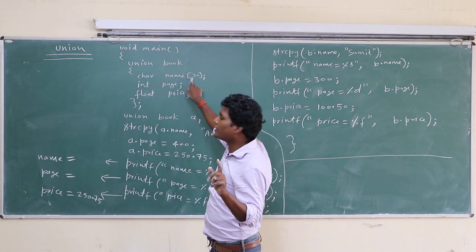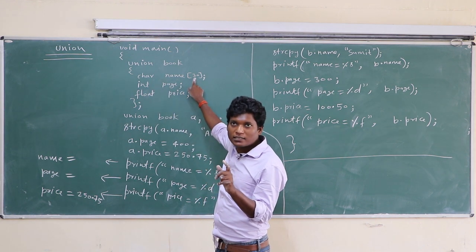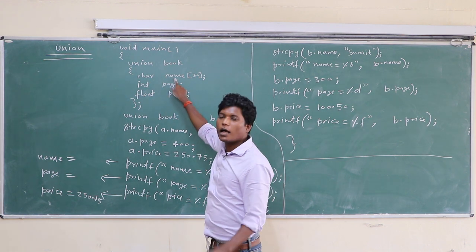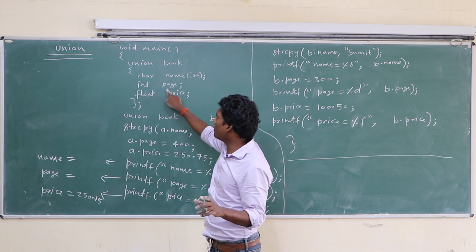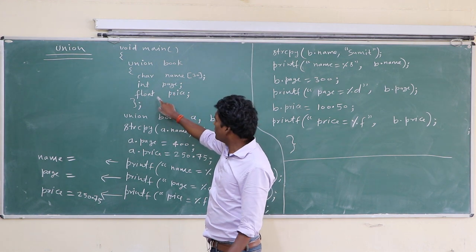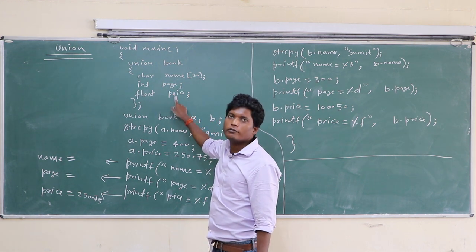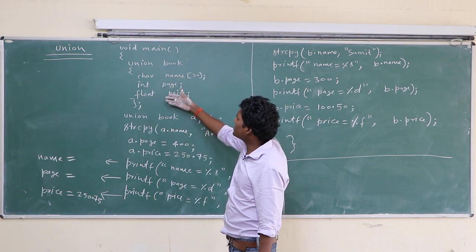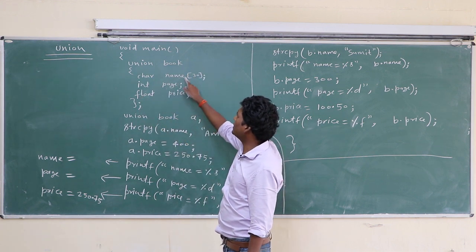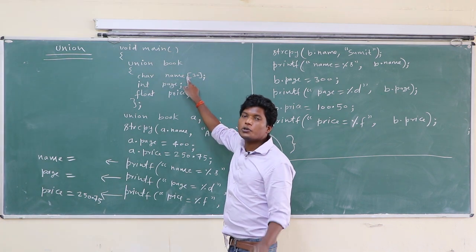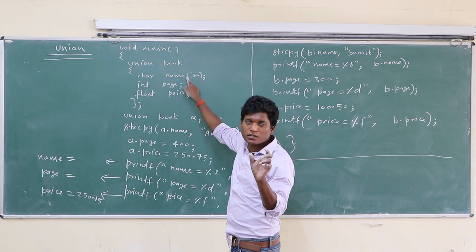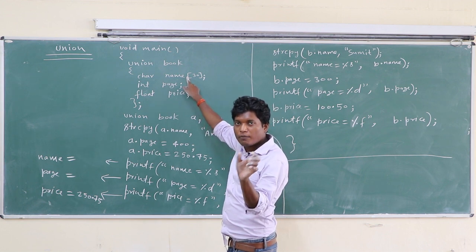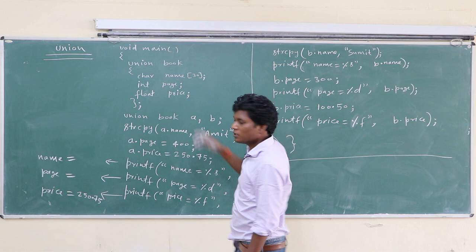So there are 30 characters, it can hold up to 30 characters, so 30 bytes. This union member occupies 30 bytes, this one occupies 2 bytes, this one occupies 4 bytes because it is float. So the highest memory occupied by any member is 30. So union occupies the largest memory block of its members, the highest.